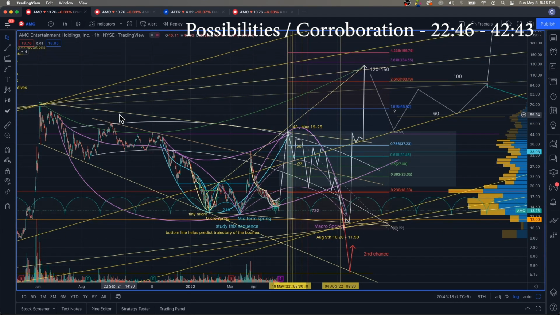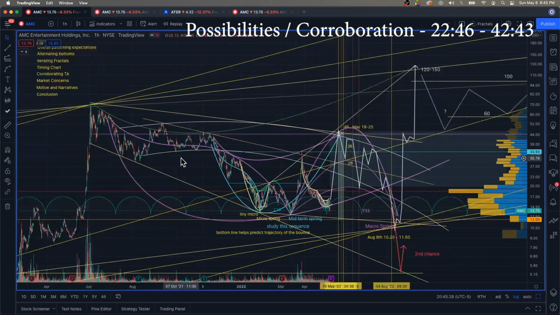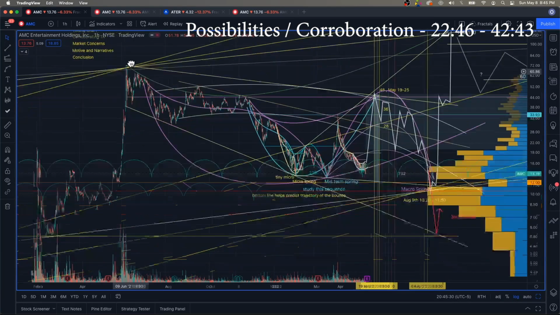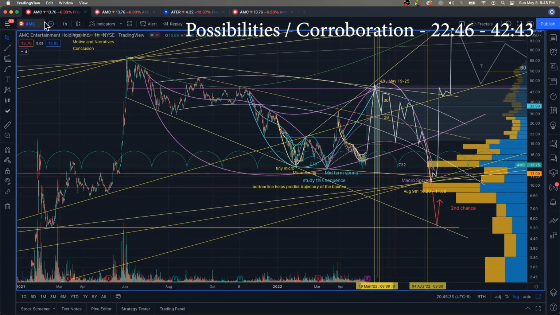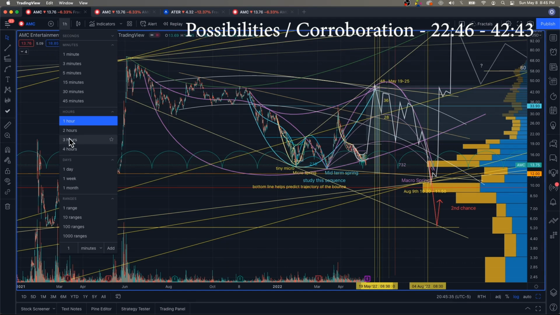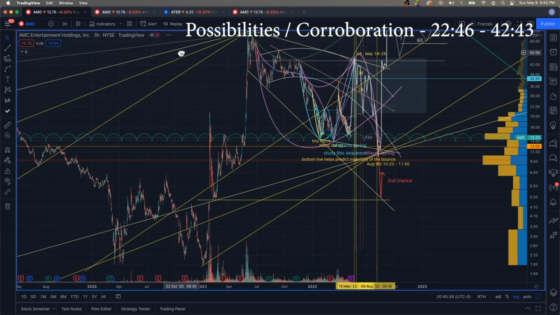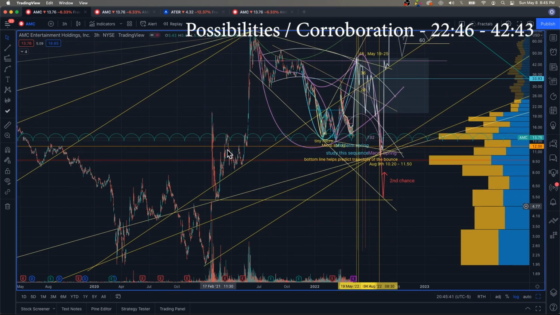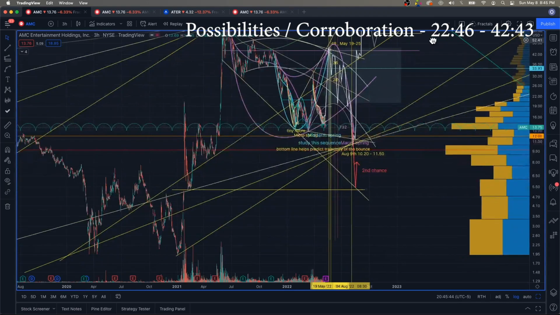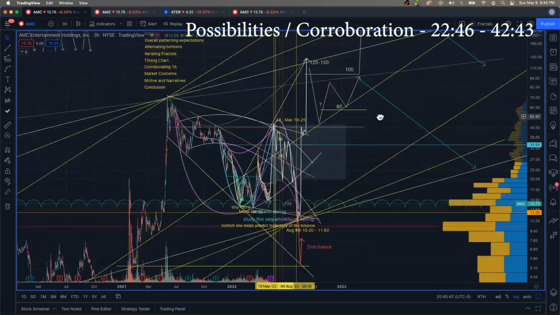Also interesting, even though this doesn't look like a major markup, it actually works out really well if you look at this in terms of a larger Elliott wave. This would be 1, 2, 3, 4, and then 5, and 5 would be roughly the smallest.